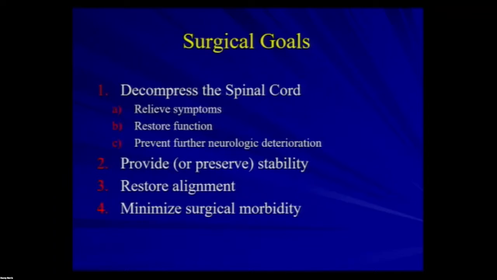And this can be done both directly or indirectly, but we're trying to do it in a fashion that is safest for the patient and limits surgical morbidity and potentially mortality. If a patient has associated malalignment of the spine or instability of the spinal column, that's foremost as one of our goals as well.